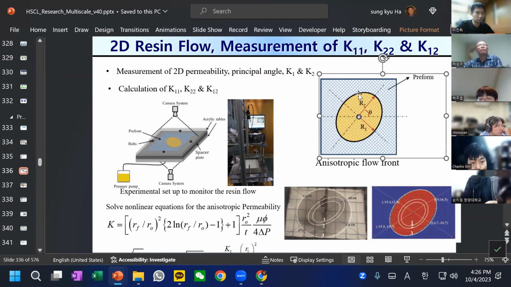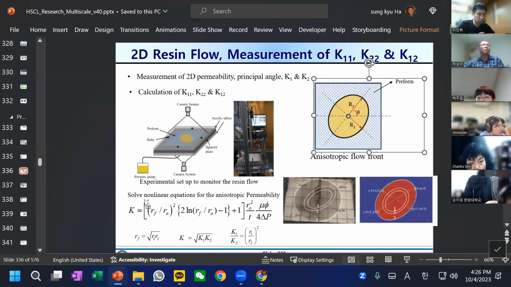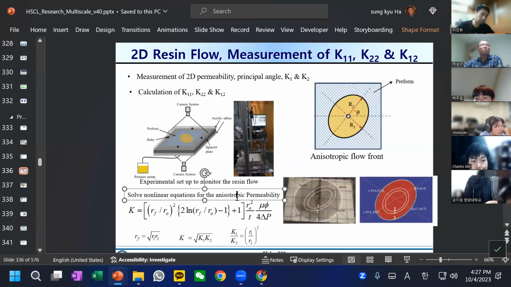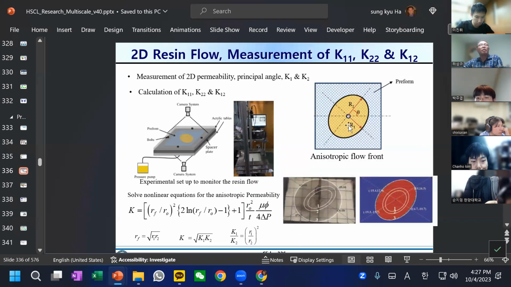So this flow can be measured by the two radii, R1 and R2, and then the speed. There could be some analytical procedures, and there's a nonlinear equation of the anisotropic permeability. Anisotropic, why do we call it anisotropic? Well, if this is a full circle, then it's going to be isotropic permeation flow. But depending on the layer, the resin will flow fast in a certain direction and slow in another direction. Imagine the fiber is arranged this way.